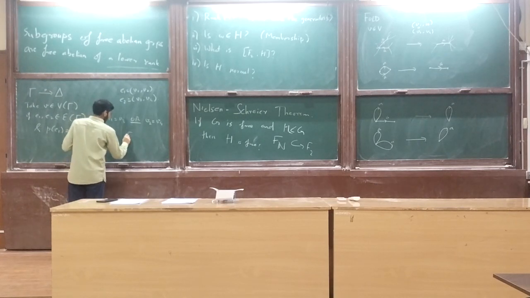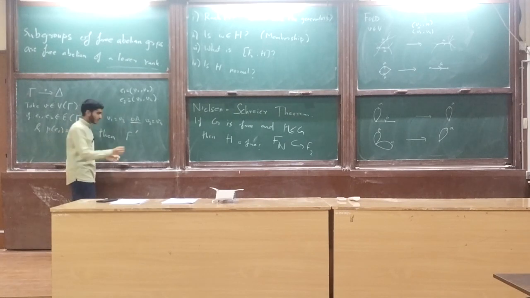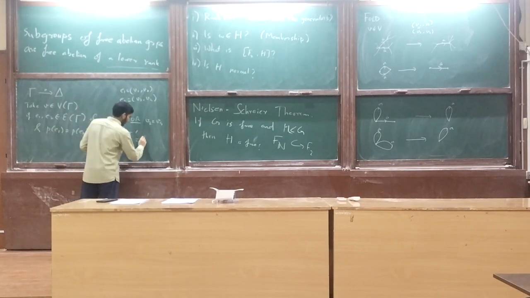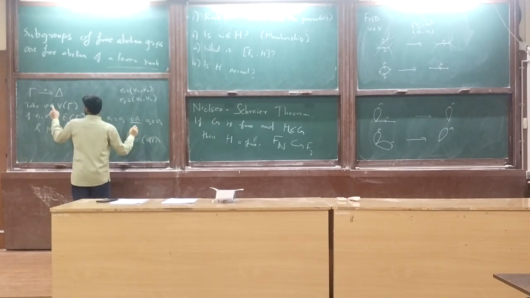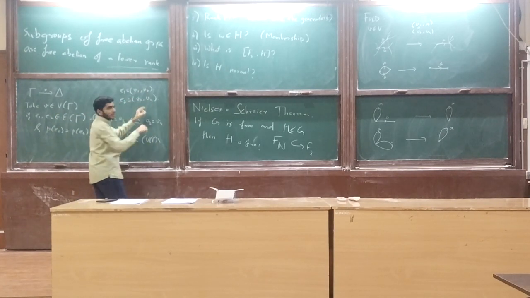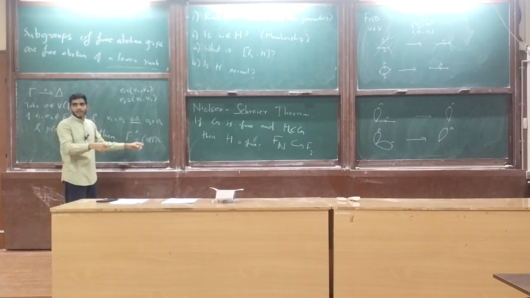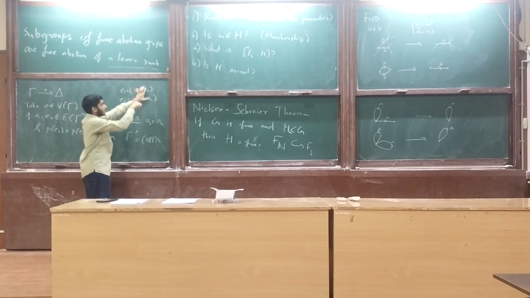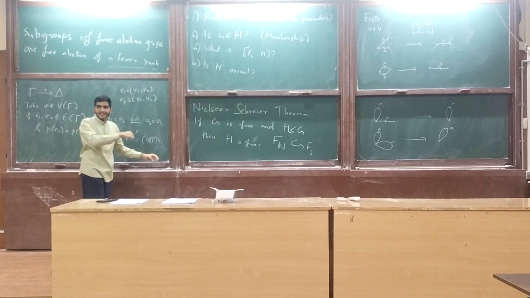Okay, so then gamma dash, or gamma folded, can be defined as a graph with the vertex set of gamma except for the end vertex. This will be tedious to write down, because if these two are equal, then these two are identified, and then if these two are equal, then those two are identified. But you get the idea, right?